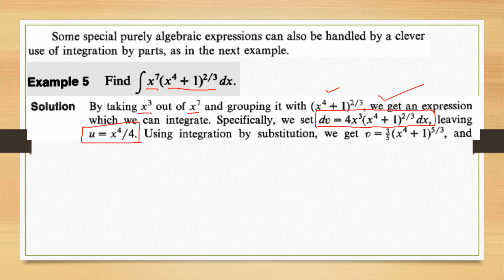The product is the actual integrand. We have combined x cube with the second factor, while the first factor remained as x power 4, multiplying and dividing with 4. This dv will help us later on. We have selected this as u.